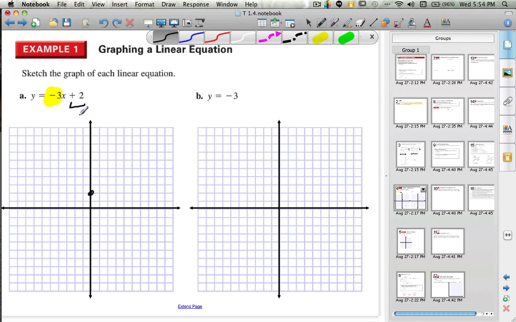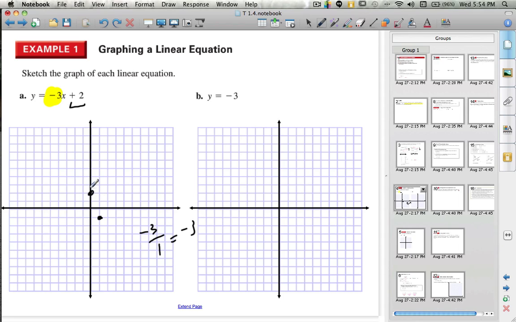When we're talking about moving by slope, we're going to move a combination of rise over run, meaning vertical change to horizontal change, that would equal this slope, which would be -3. So if I went down 3, 1, 2, 3, that's -3, and right 1, that's -3 divided by 1, down 3, right 1, that's a slope of -3.